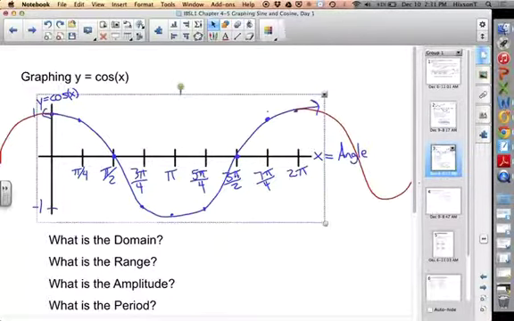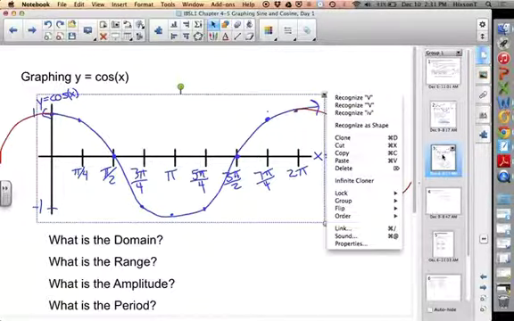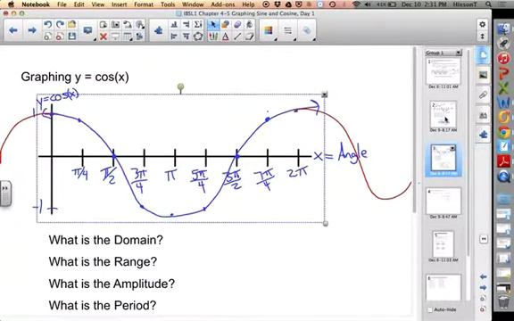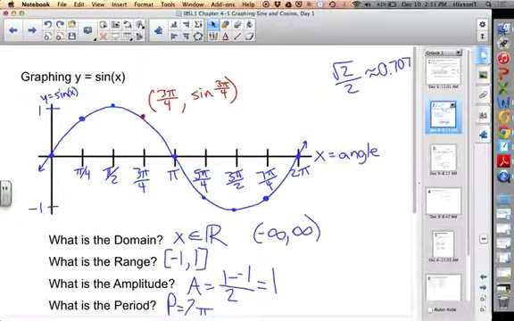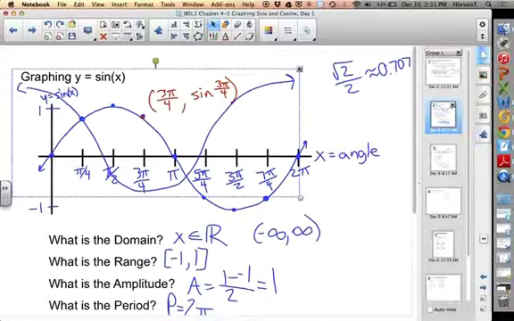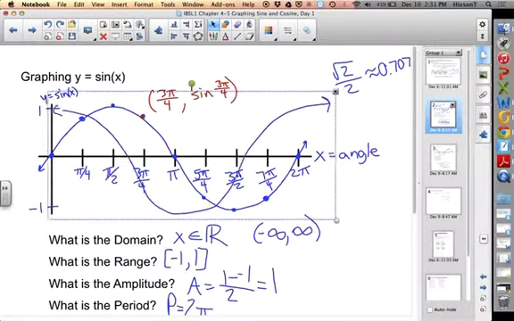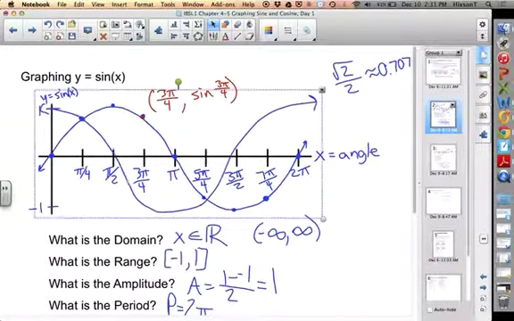If we took that and laid it on top of this one, you'll see the shapes are the same. This one's a little bit taller because our scale isn't exactly the same, but you see the idea. It's just shifted over. How far over is it shifted? 90 degrees or pi over 2.